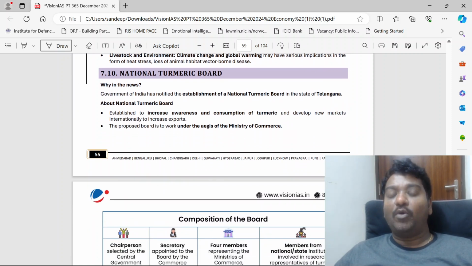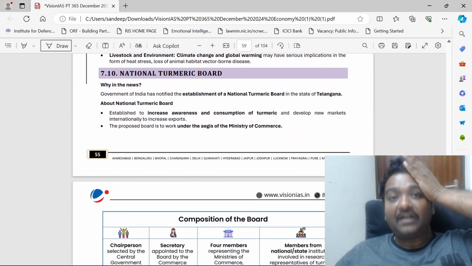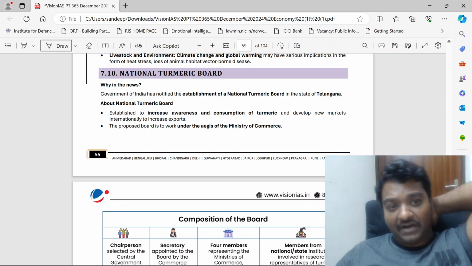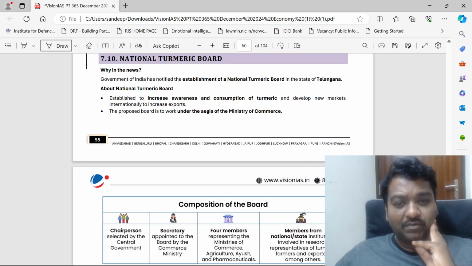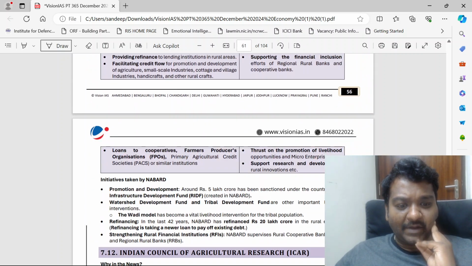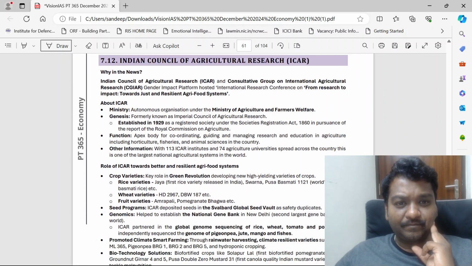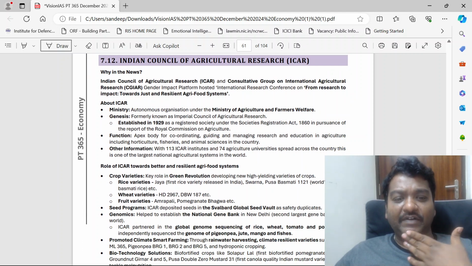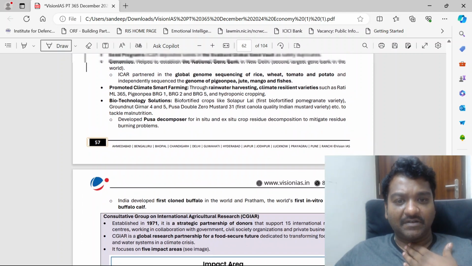National Turmeric Board was very important in Telangana. That was under the election manifesto, so the government wanted to bring it. NABARD, Indian Council of Agricultural Research.